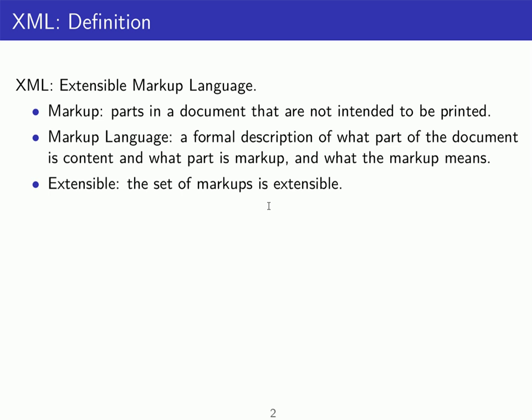To formalize such markups, we create markup languages. Specifically, a markup language specifies which part of the document is the content, which part is the markup, and what is the semantic of the markups. That is, what does the markup mean?